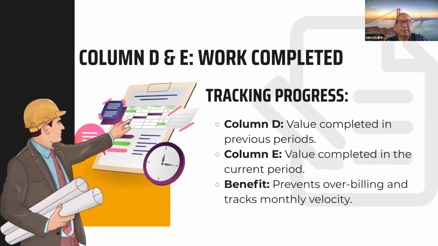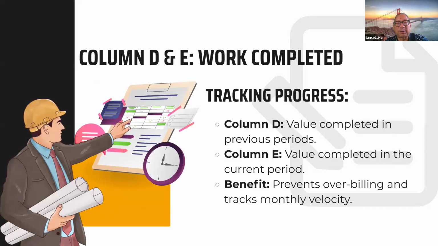And then there's column D and E, work completed. This is tracking progress. Column D is the value completed in previous periods, and column E is the value completed in the current period. The benefit is that it prevents overbilling and tracks monthly velocity.